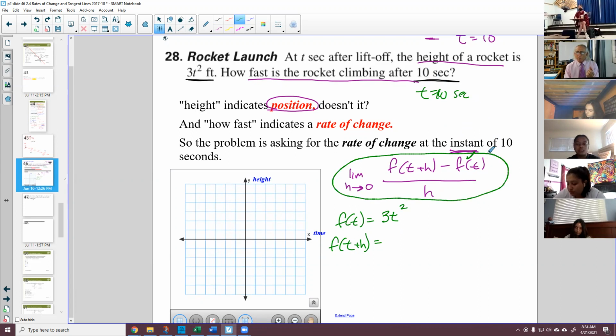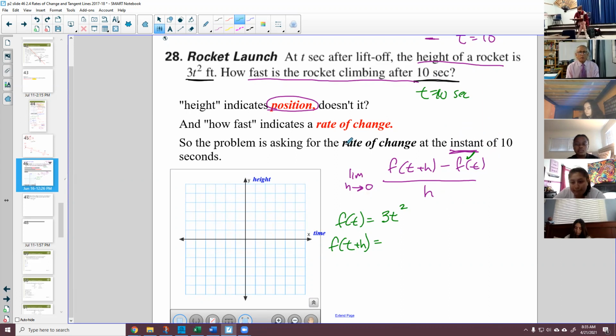This is going to give us a formula to find the rate of change at any particular second. So we're not quite ready to insert t, or to insert 10 seconds. Am I making sense at all? Maybe just a tiny bit.